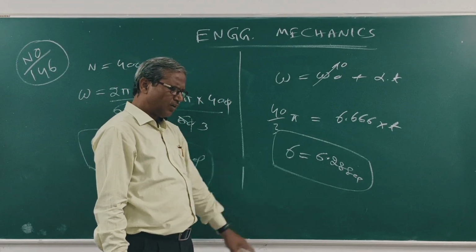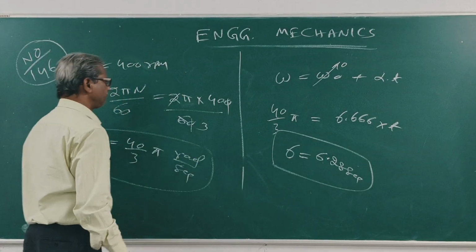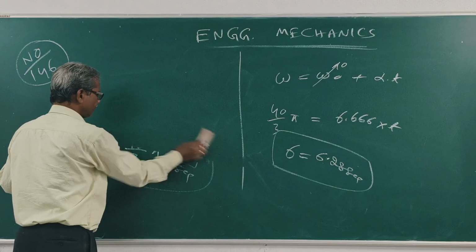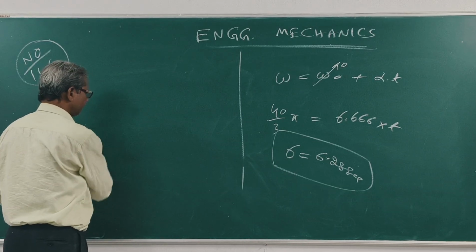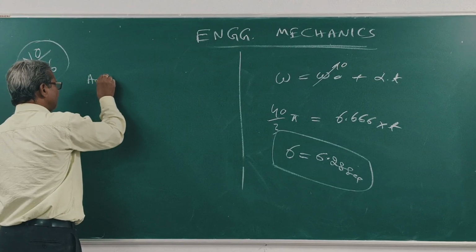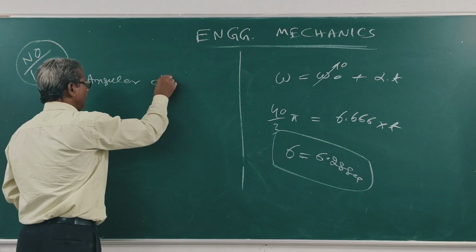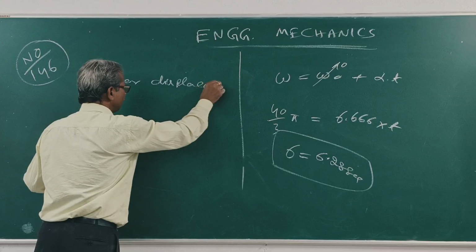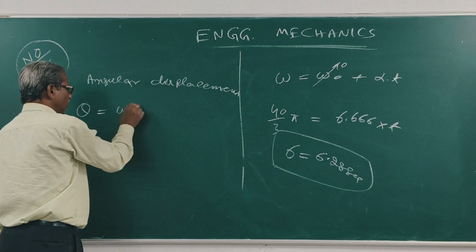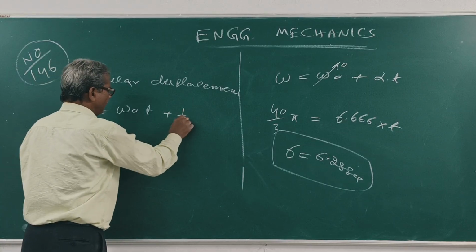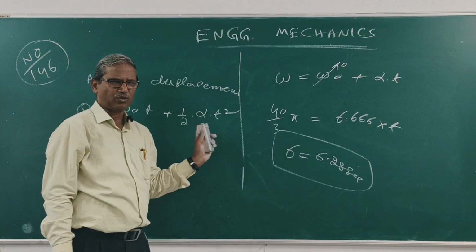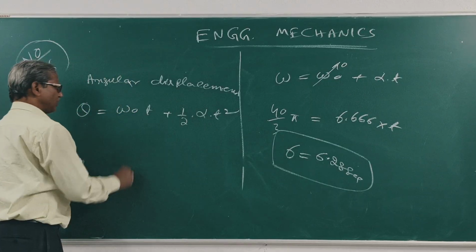Now, the angular displacement. Theta is equal to omega 0 t plus half alpha into t square. Theta is the angular displacement. What is omega 0? 0.